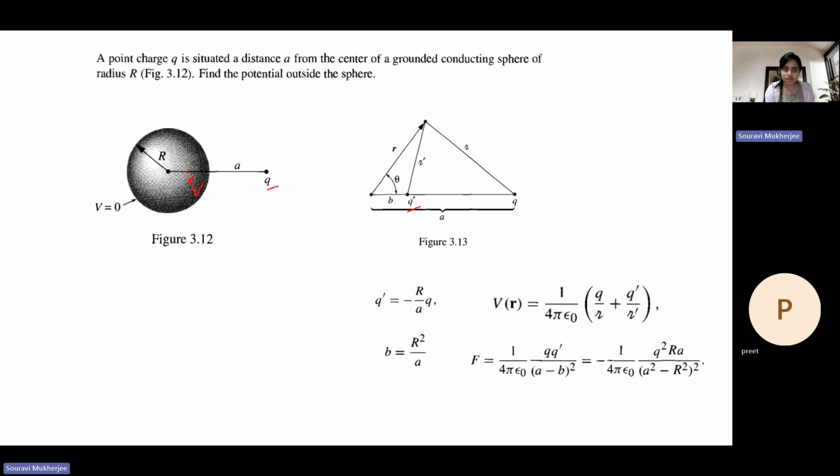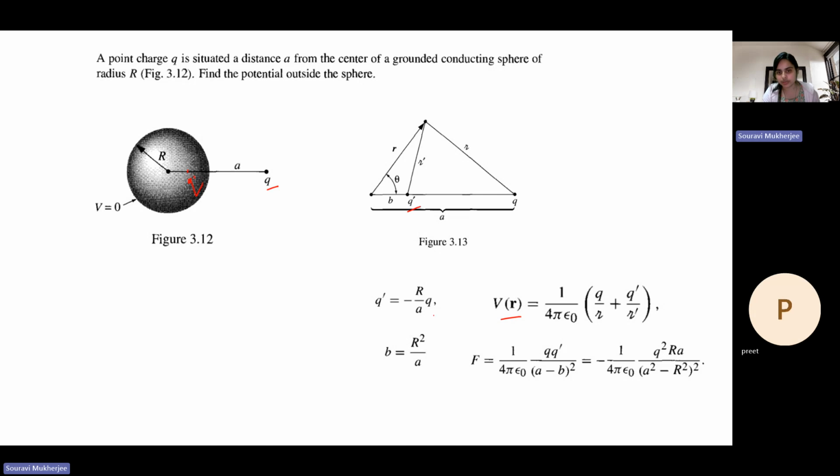So you bring in some charge which would nullify the effect of this Q charge on the surface and set the potential on the surface to 0. So if you take a region like this, you bring in some Q prime charge, and the distance from Q to the point is R, and from Q prime to the field point is R prime. You have to find Q prime such that this value goes to 0 at small r equal to capital R.